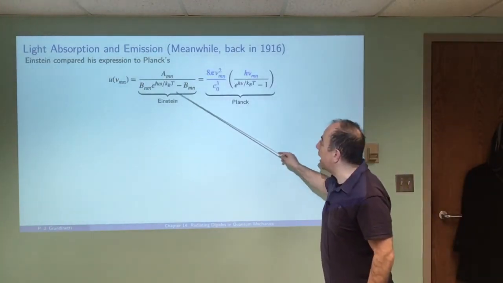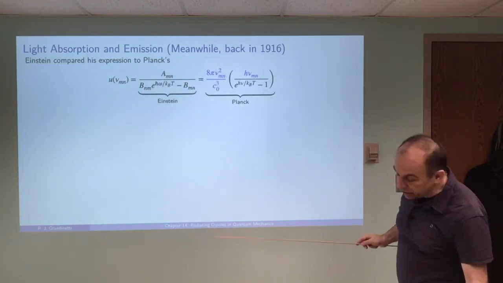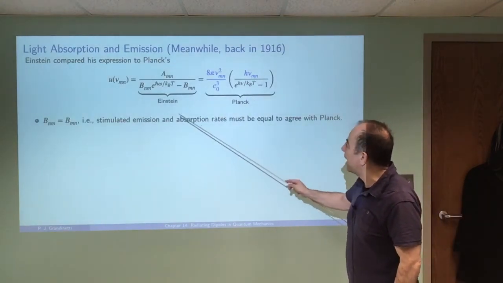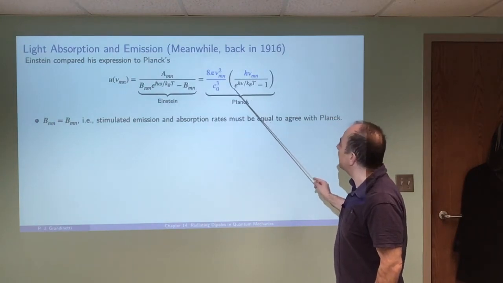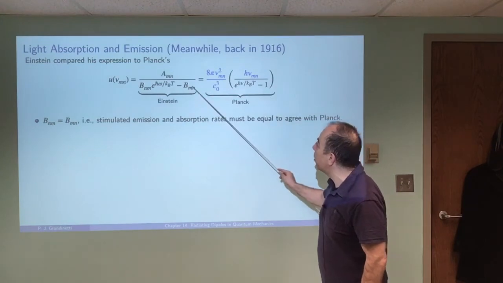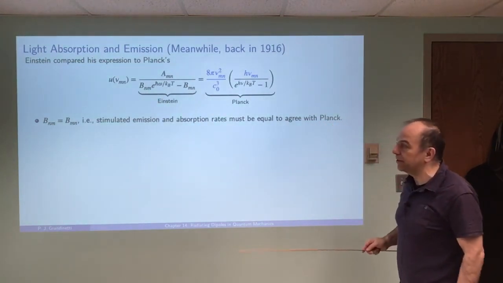So if you take Einstein's derivation and equate it to Planck's result, you can see that the only way to make this true, to get this e to the h nu over kBT minus 1 present in the denominator over here, requires that these two B's actually have to be equal to each other.